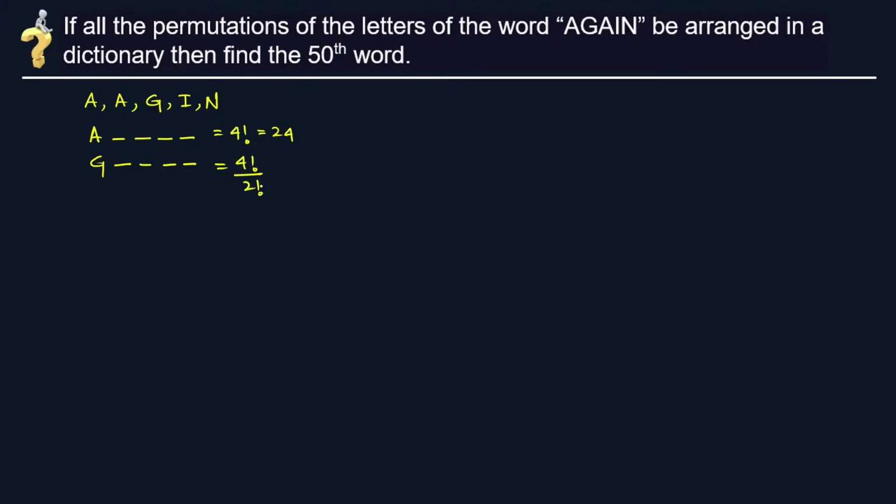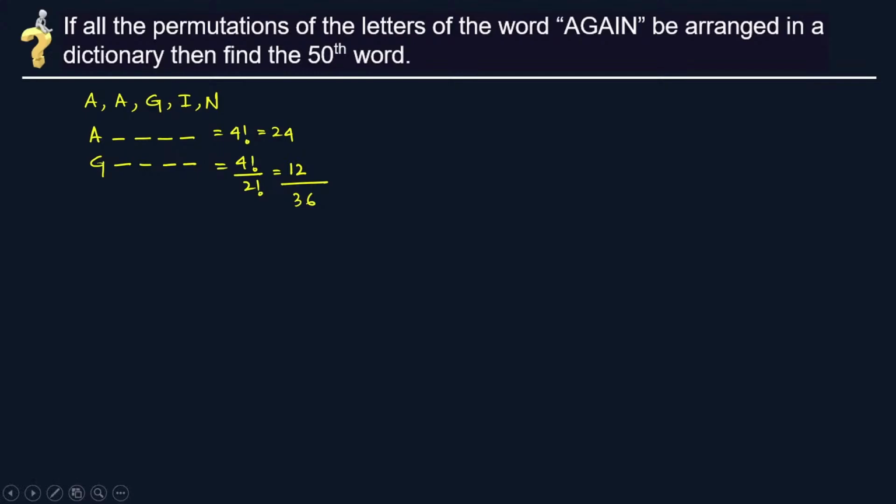Why? Because there are 2 A's. So these 4 places can be filled in 24 divided by 2, that is 12 different ways. Is it clear? So total 24 plus 12, that gives us 36. So 36 words all came in the dictionary.